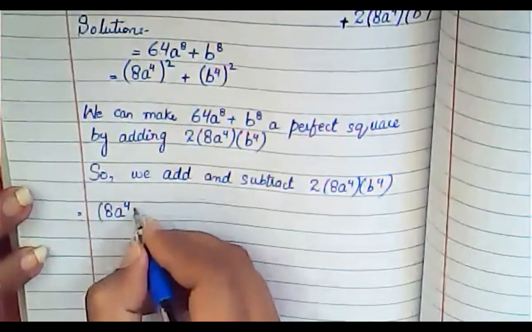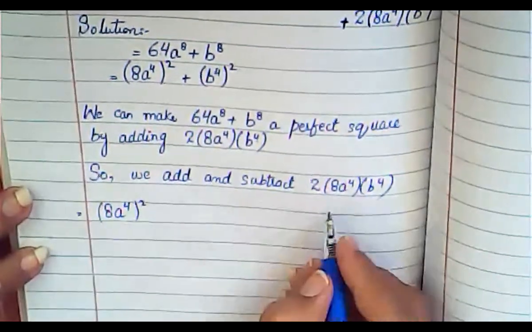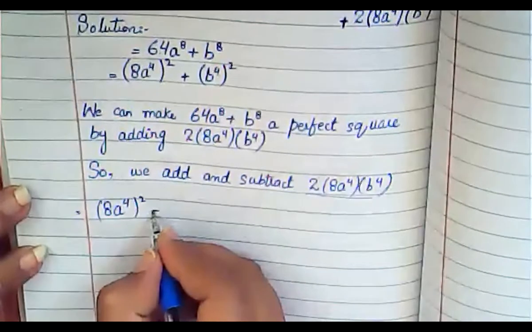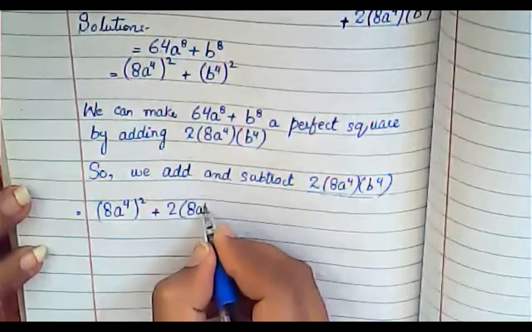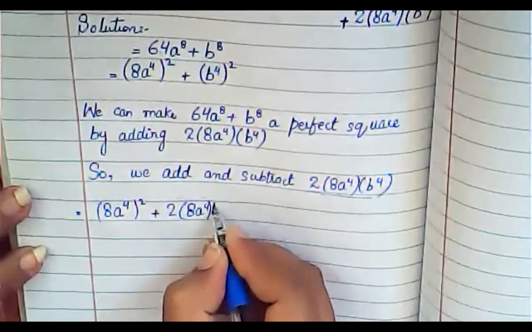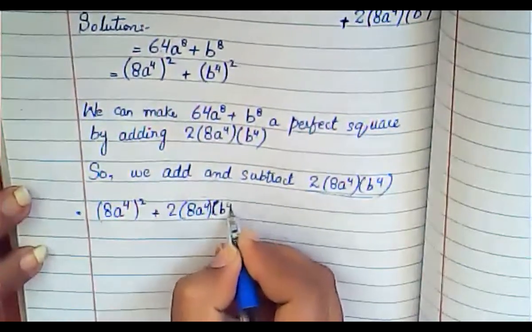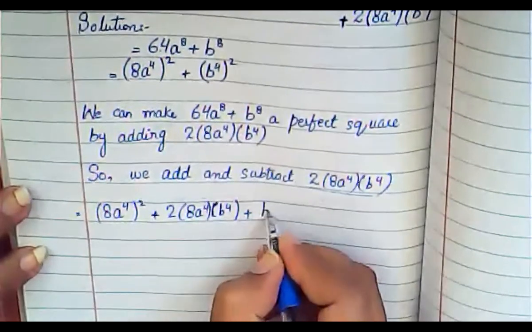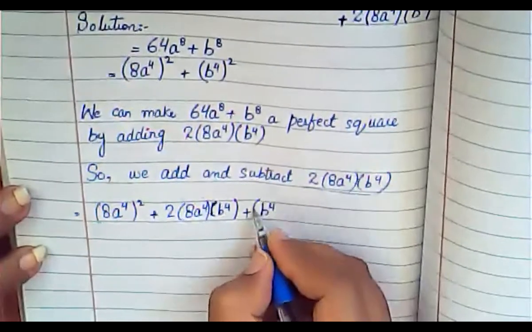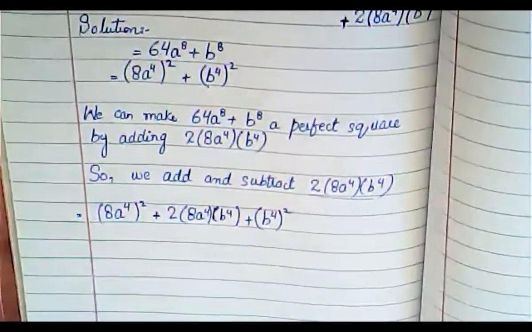8A4 whole square. Now we will add the middle term, which is plus 2 8A4 B4, then this one, which is term B, plus B4 whole square.